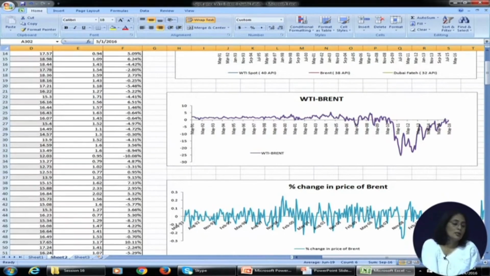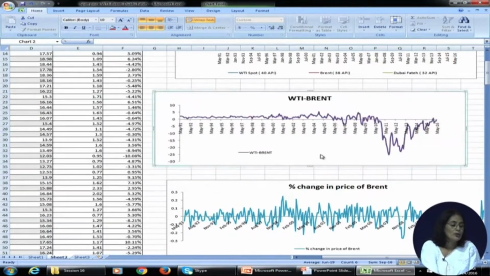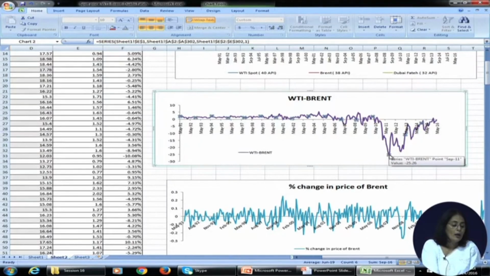This second picture shows the price difference between WTI and Brent crude, and if you see, it remained almost positive up to May 2006, and from May 2006 the difference increased substantially, and by September 2011 the difference was $25 per barrel.